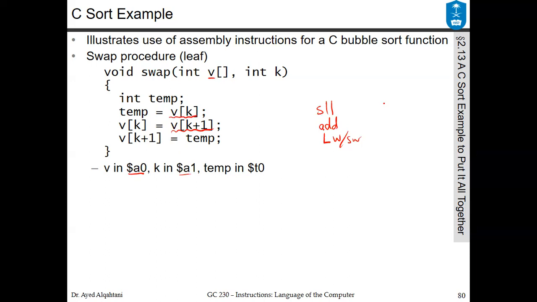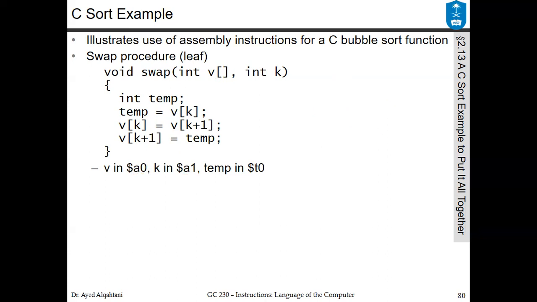The shift left is to multiply by 4. So you shift left the variable by 2 positions to do the multiplication by the constant 4. And the add, you add the offset to the base register. And after that, you can use the load or store.